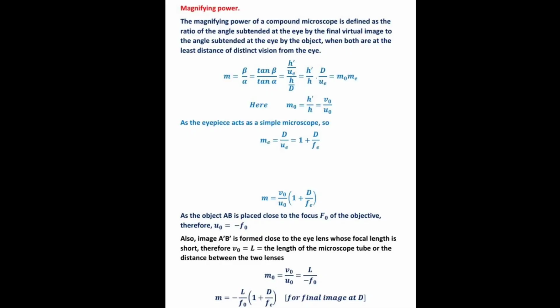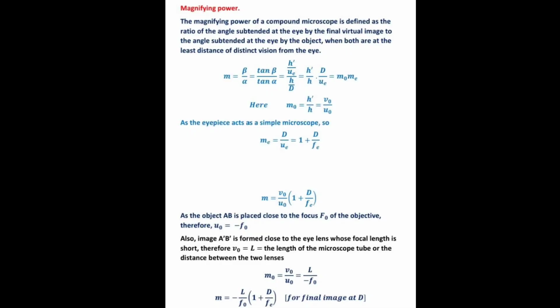As the eyepiece acts as a simple microscope, we have one relation from our previous optical device, and we use that relation, that is 1 plus d upon f of the magnifying power. Just by putting the subscript e with m or with f, we make this relation for the eyepiece. Then we have the relation me is equal to 1 plus d upon fe.